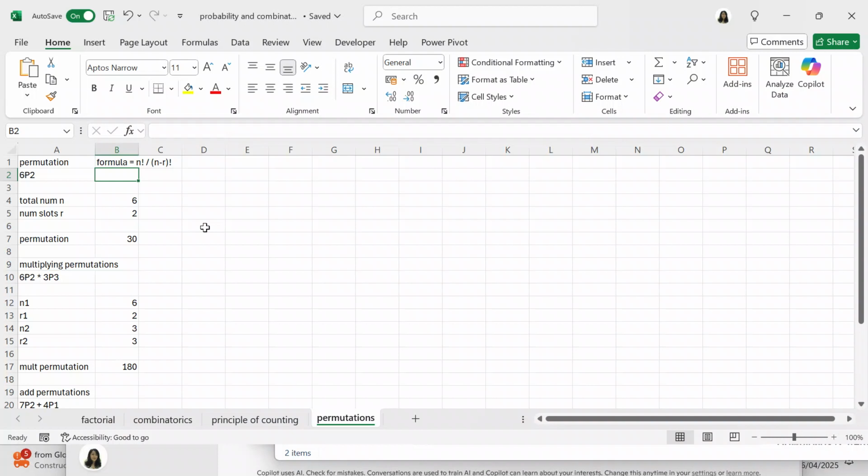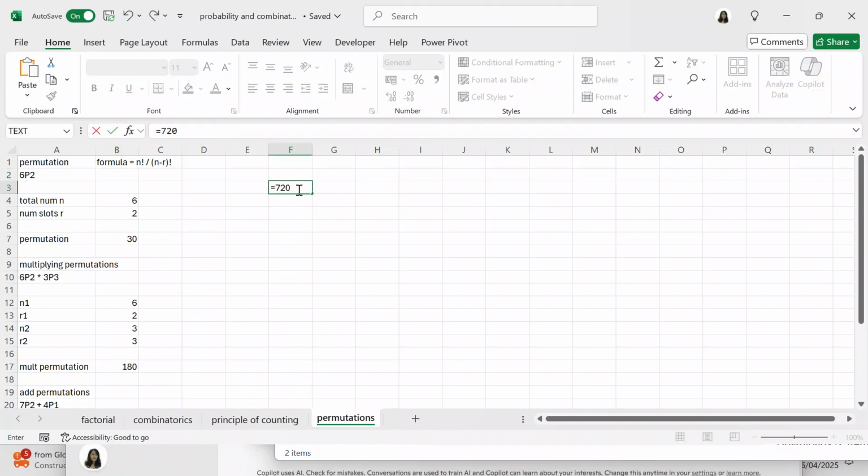I believe that's what you call it. And then you have 6 minus 2, which is 4. So we have 4 times 3 is 12, and then 12 times 2 is 24. And then 720 divided by 24 equals 30.